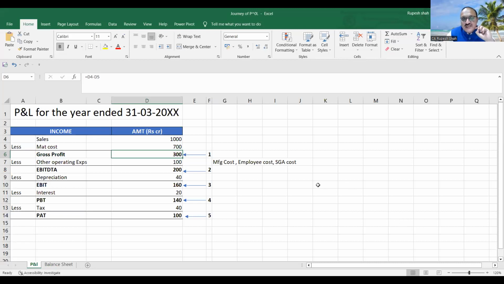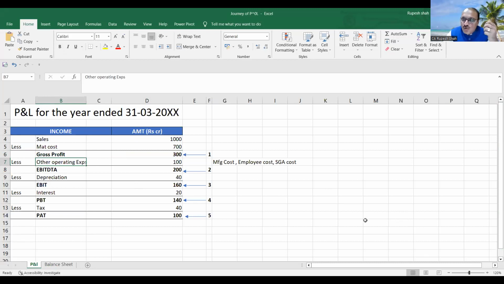Then the question arises, after this 300 crore profit, what will happen to this 300 crore? Obviously, I will use this 300 crore to meet other expenditures for the operations, because material needs to be processed, right? Say I'm a manufacturer, material needs to be processed. Otherwise, I cannot create finished goods and I will not be able to sell in the market.